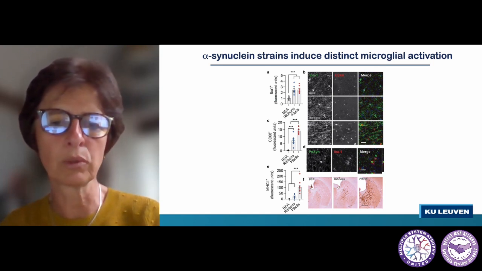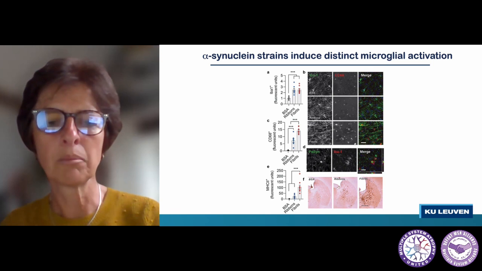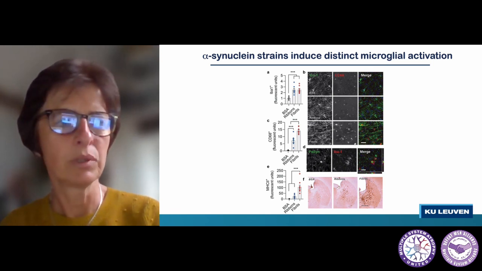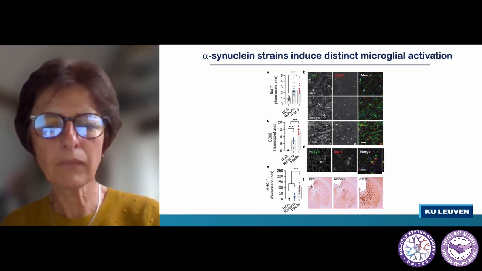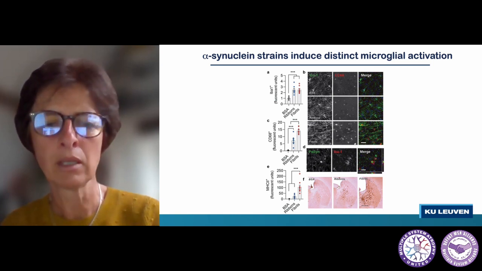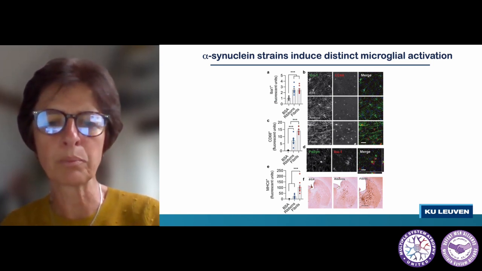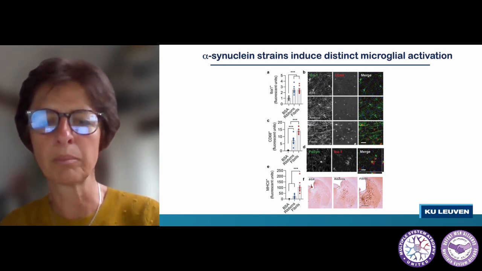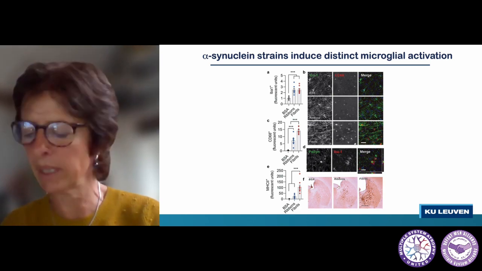We can also look at the MHC2 marker, which can be used as a marker of reactive microglia. Here we see that the fibrils induce a more pronounced increase compared to ribbons, and certainly compared to BSA, where there's almost no reactivity present.